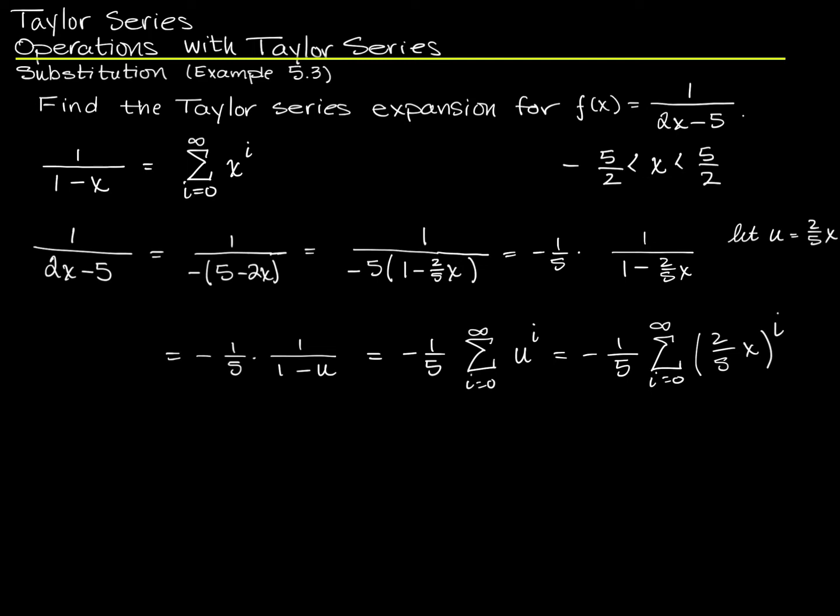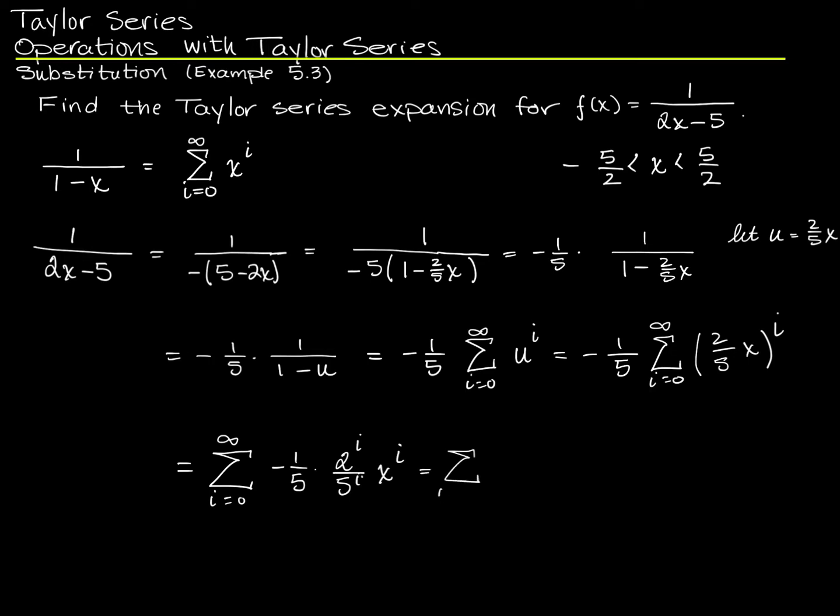Now we like these things in a lot of cases to be complete sums, so I kind of like this negative 1/5 to be inside here. So I'm going to rewrite it again. I have the sum, i going from 0 to infinity, of negative 1/5 times, and now I'm going to write this expression slightly differently. I'm going to write it as 2 to the i over 5 to the i times x to the i.